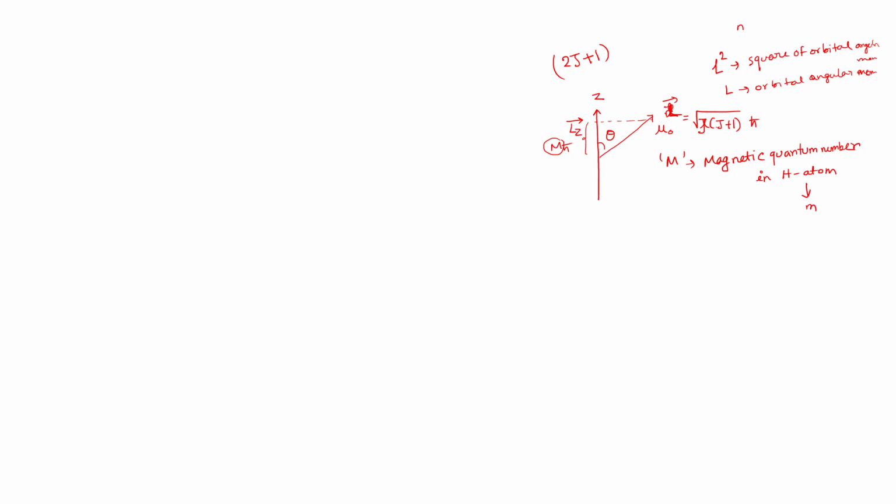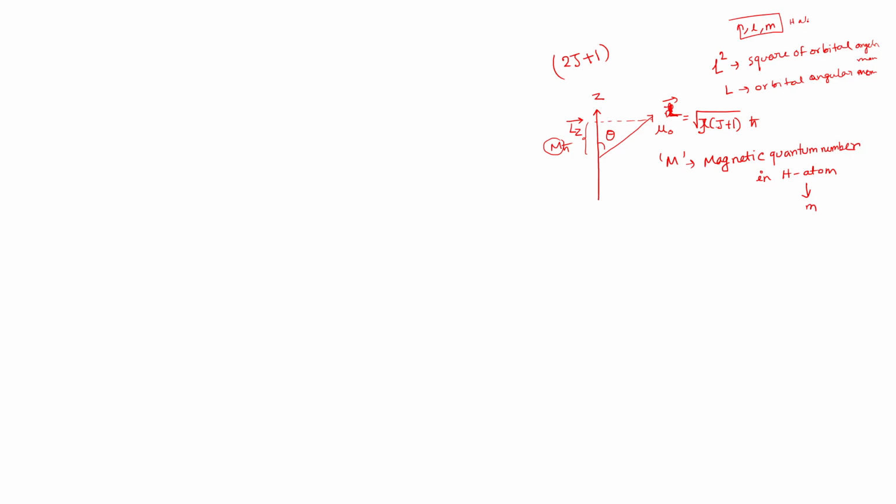So this is actually equivalent to the magnetic quantum number in the hydrogen atom. It will also give you the value of Lz, the projection of orbital angular momentum. This capital M will give you the projection on the Z axis of the orbital angular momentum, and L will give you L into L plus 1. So there are three quantum numbers in the hydrogen atom, right?